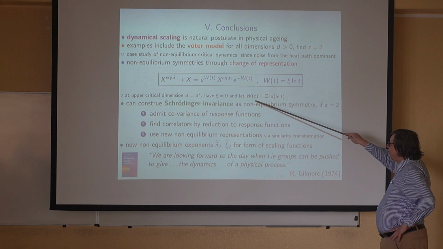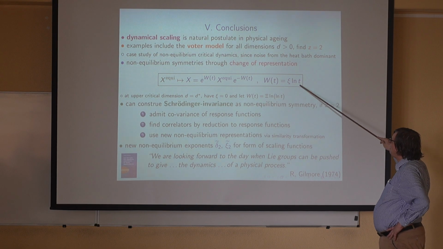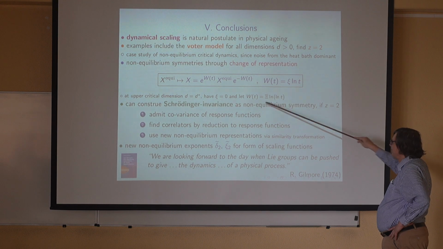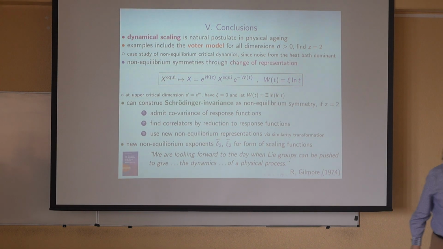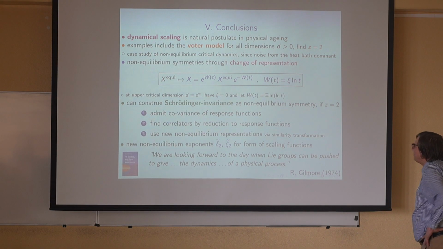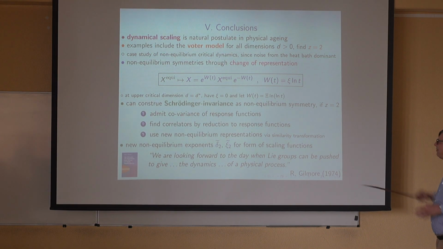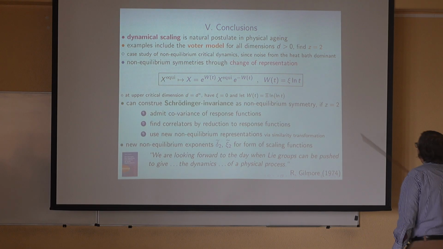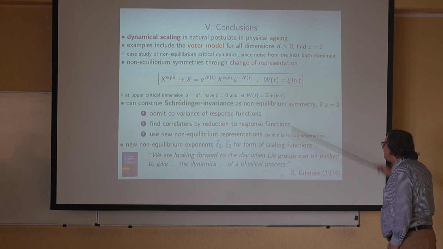Let me say one word at the upper critical dimension, then it is not this choice, but rather this one, log of log. But anything else for the same correspondence also goes through. I have no time to go into this. And so we see that Schrödinger invariance becomes a very natural non-equilibrium dynamic symmetry, at least when the dynamic exponent is equal to 2.